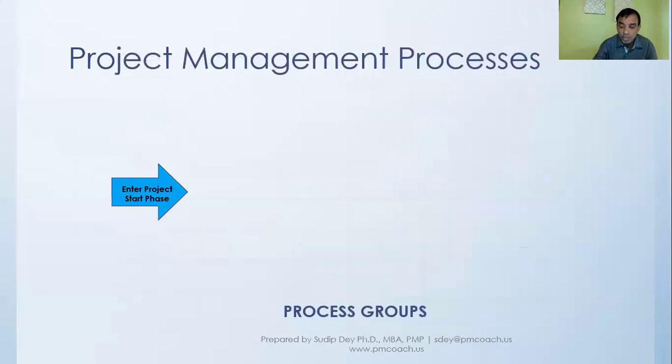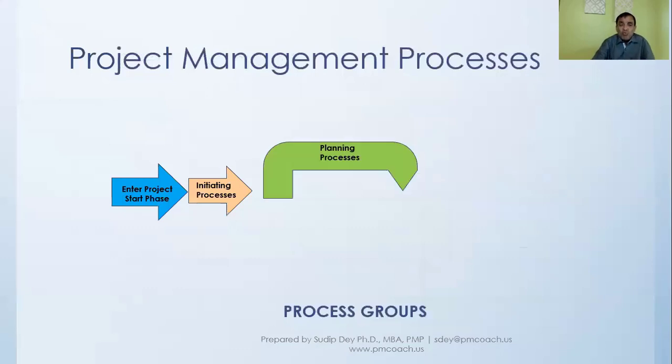What happens? We first go through the processes in the initiating process group. Once we have initiated the project or the phase, we do the planning and we use the processes in the planning process group. After the planning is done, we do an execution.